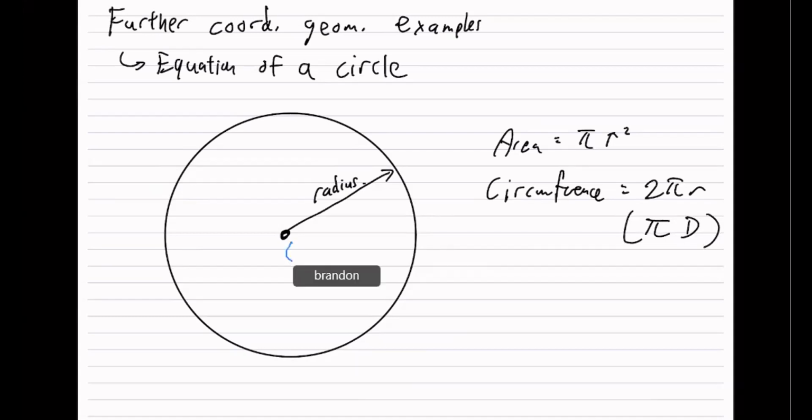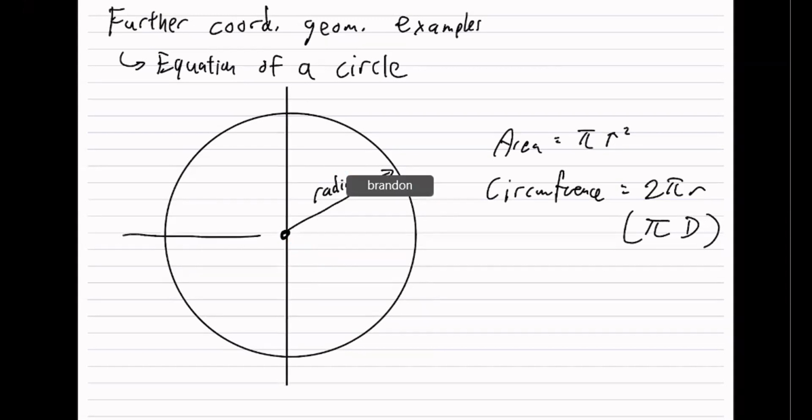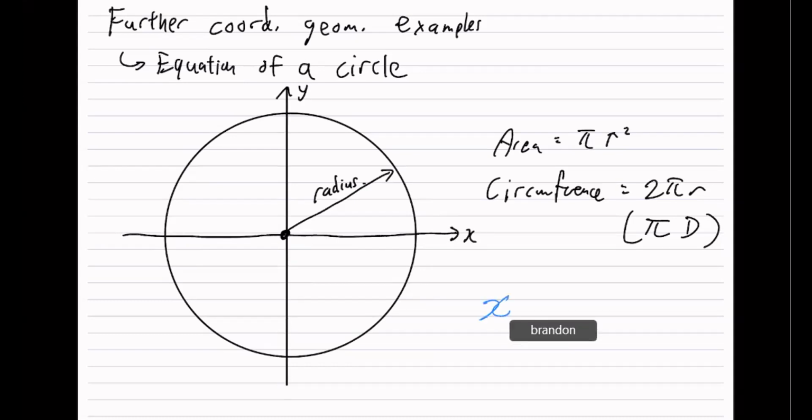That's good and fine, but here we are going to look at the equation of a circle, which means we're going to put them on our x and y axis. Like this and like this. X-axis, y-axis. Now, the key thing to take note of is that, for simplicity's sake, let's assume that the radius here is equal to 1 first.